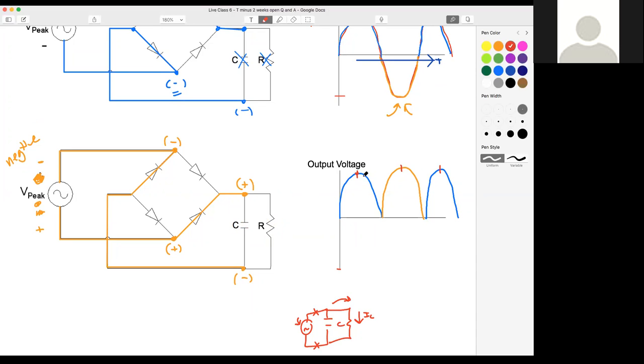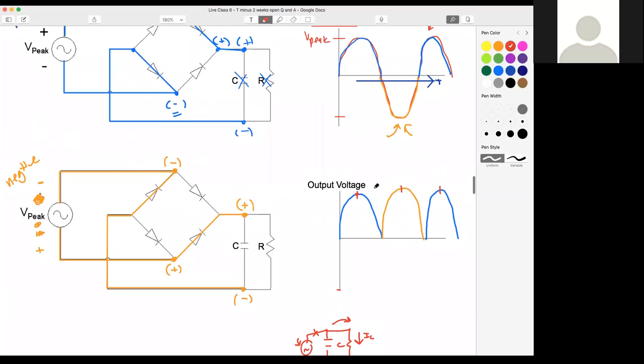However, the second that output voltage dips below the maximum value, our capacitor voltage will be greater than our peak voltage. When that happens, our capacitor is actually going to cause both of these diodes to open, because depending on where we're at in the cycle, if we're here, the voltage here will be greater than the voltage here. So it would act like this, and it would open that diode.